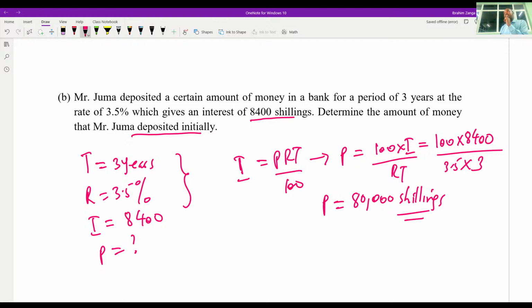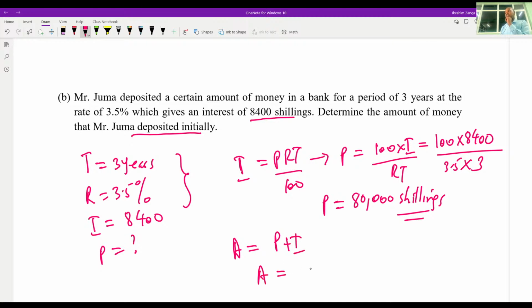So the fact that the principal amount is 80,000 shillings, now we are looking for the amount, and the amount is expected to be the summation of principal and interest.